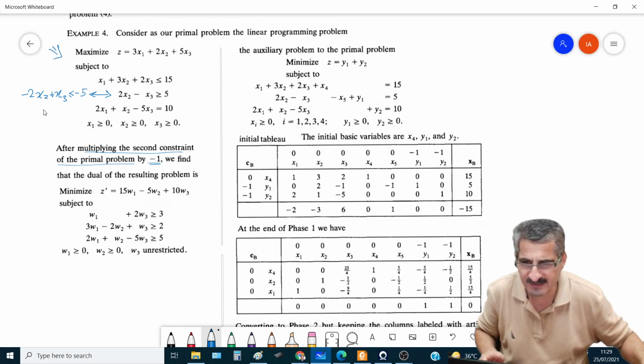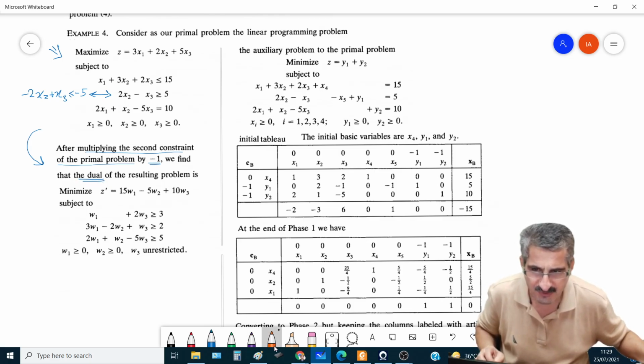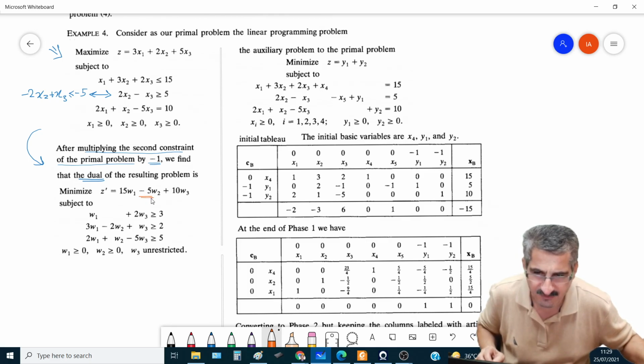When you replace it, you get the dual problem. And that's actually why you have negative 5 in here, because of this.